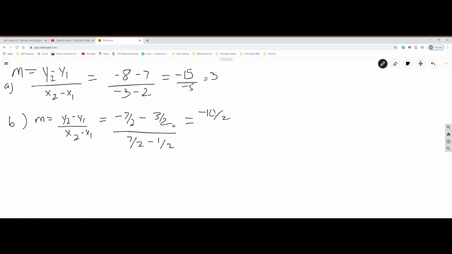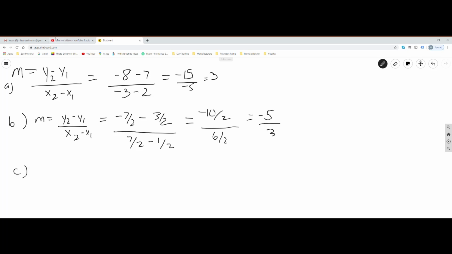Since they're common denominators, you can simply subtract them. And here it's going to be 6 over 2. Negative 10 divided by 2 is negative 5, and 6 divided by 2 is 3. So that's the answer for B.